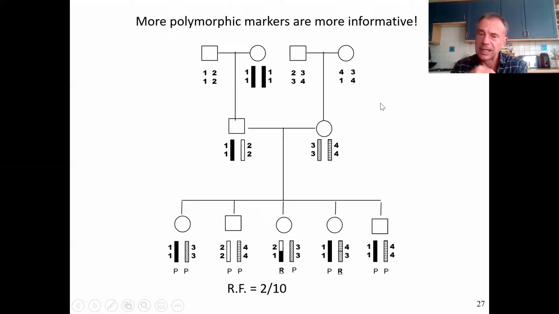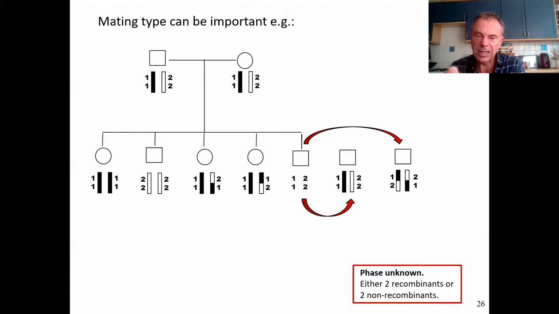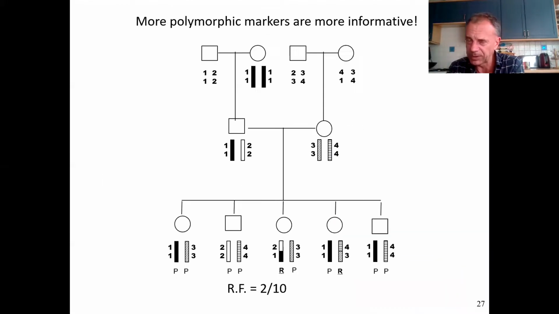But if you have more alleles for each marker, here you only had 2 possible alleles, 1 or 2. That's like an RFLP or an SNP. If you have a microsatellite where you're counting repeat sequences, you might have more information. This guy's got a 1-1 and a 2-2. But now I've got a 3-3, and we know that the 4 and the 4 must have come from this mother, and the 3 and the 3 must have come from this grandfather. So we know that the 3s are in phase and the 4s are in phase.